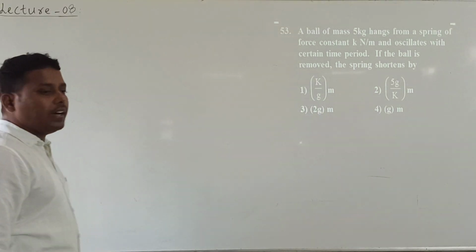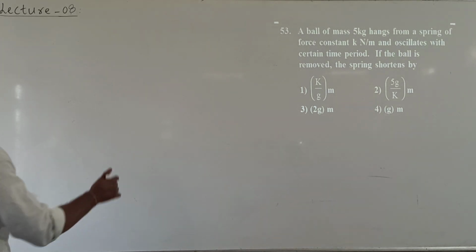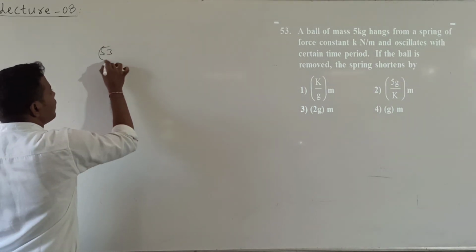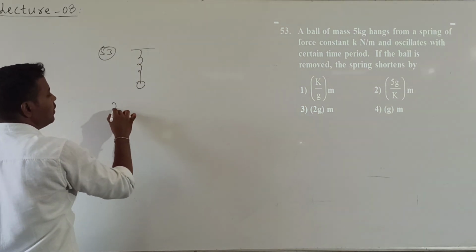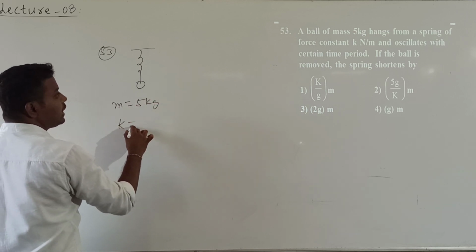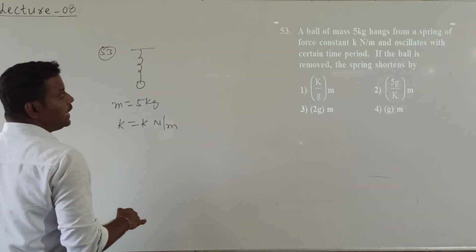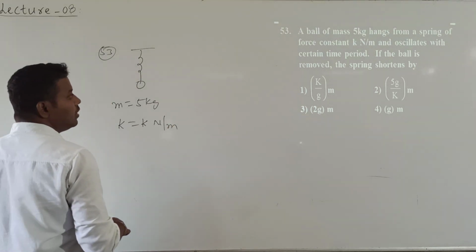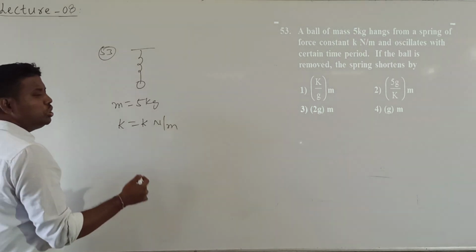A ball of mass 5 kg hanging from a spring of force constant K. One ball of given mass is hanging by a spring, so m value is 5 kg. The spring constant is K newton per meter, and it is oscillating with a certain time. If the ball is removed, the spring is shortened.